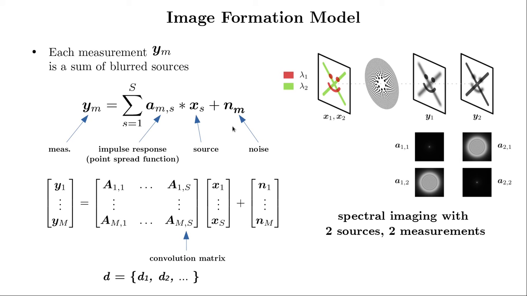We can rewrite this as a linear system in matrix form, and each of these A matrices is a convolution matrix containing the PSF. And as a note, for convenience, we'll refer to the set of where all of these measurements are made as the measurement configuration. So this measurement configuration for D would have different distances from the diffractive element.